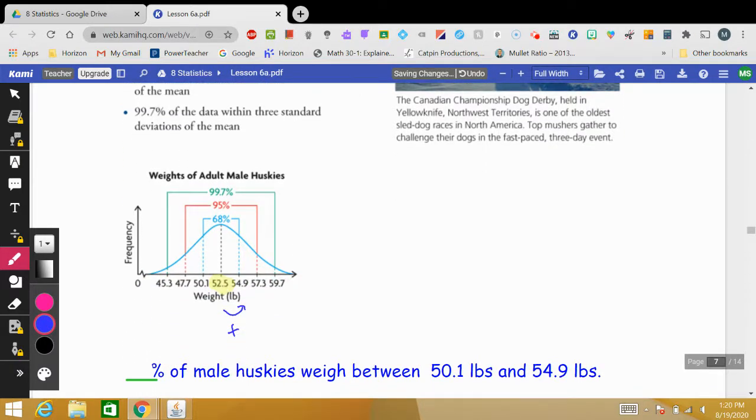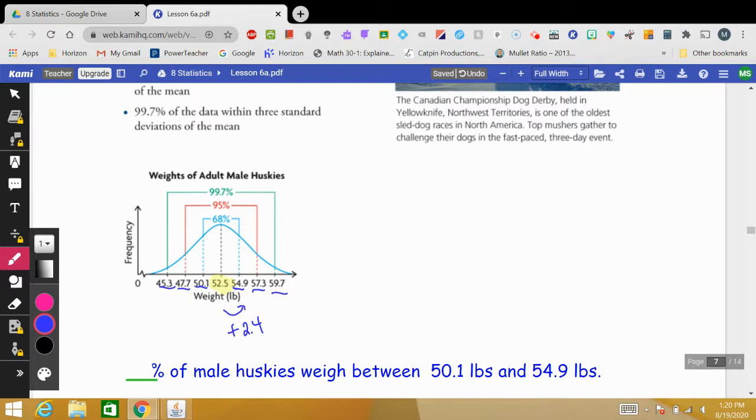So he went plus 2.4. So if you go 52.5 plus 2.4, you get 54.9. And then he added 2.4, added 2.4. And then he minus 2.4, minus 2.4, minus 2.4. So in other words, 99.7% of his dogs should weigh between 45.3 pounds and 59.7 pounds.